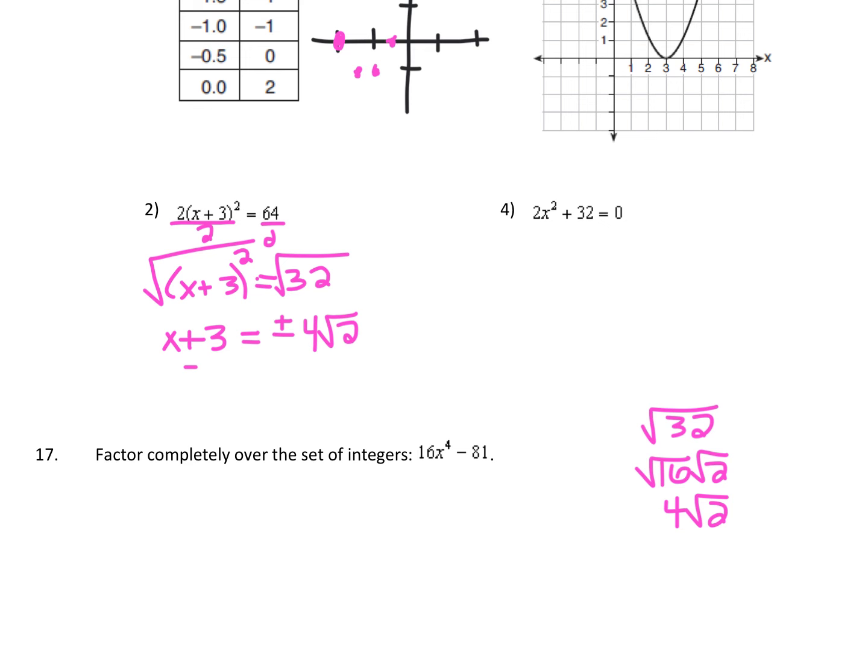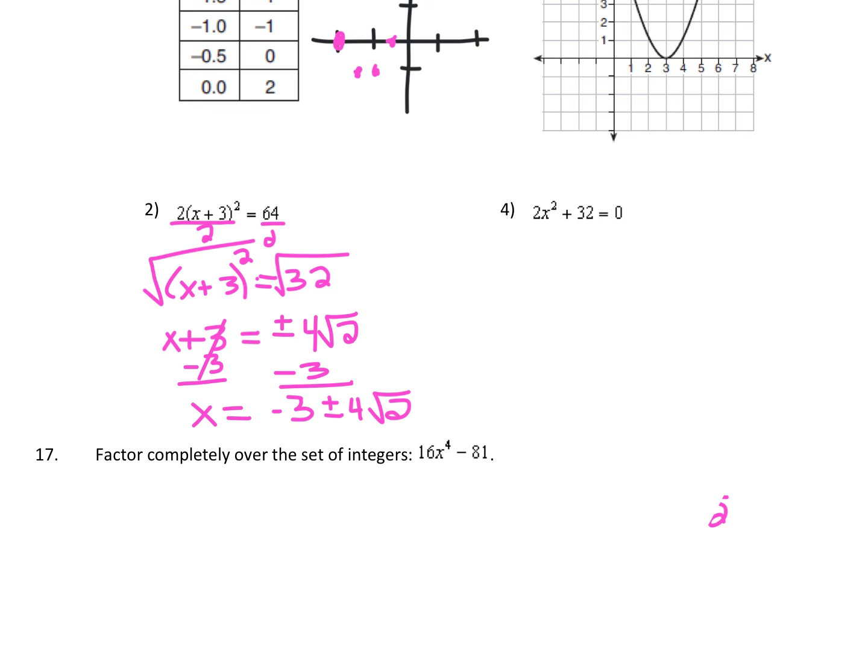Now I want to get x by itself, so I subtract 3 from both sides, leaving x equals negative 3 plus or minus 4 radical 2. This has two solutions, but there's not an i anywhere, so they are not imaginary. I'm thinking choice 4 is the answer, but let's solve and make sure.